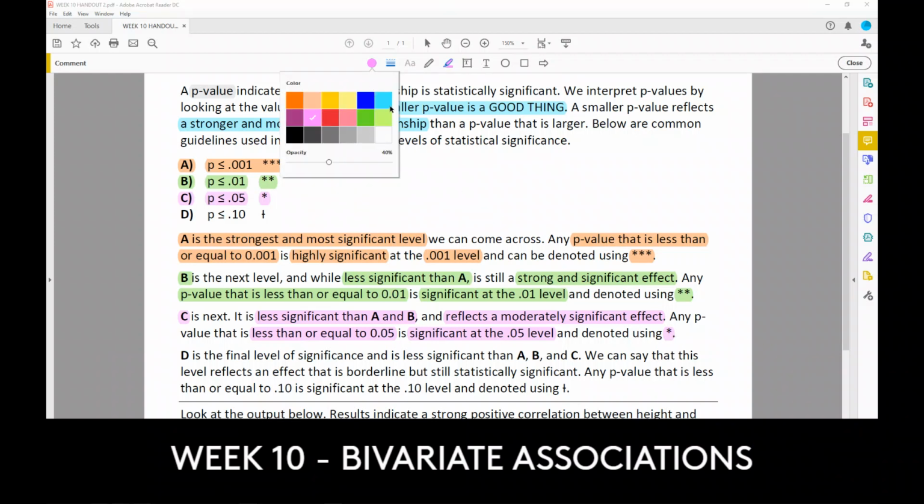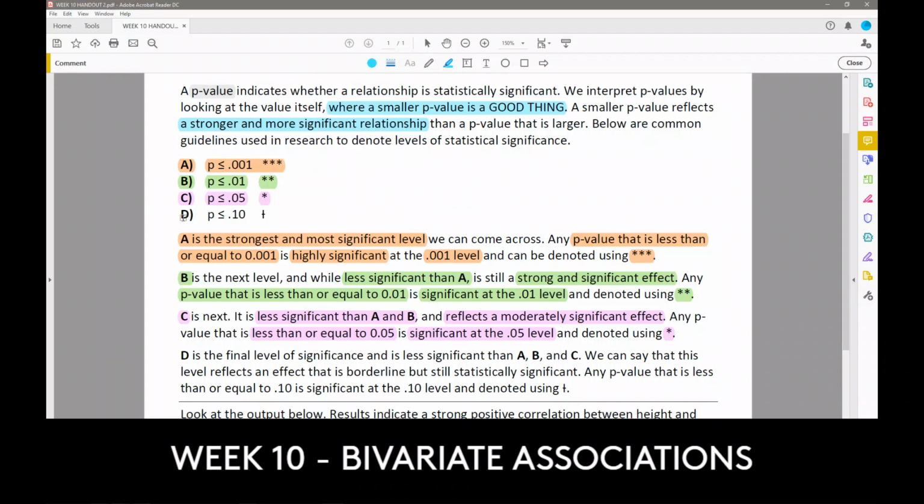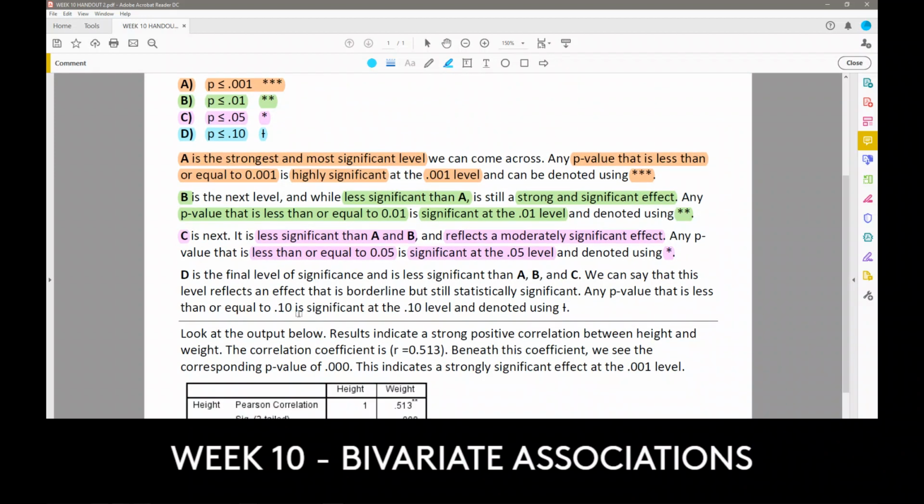And finally, we have letter D, which is the last level of significance. It's the least significant level, but remember, it's still significant. It's just not as significant as all the ones above it, okay? So D is less significant than A, B, and C, but it's still significant.